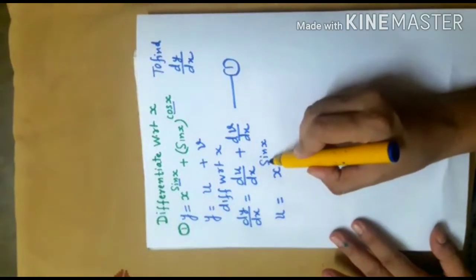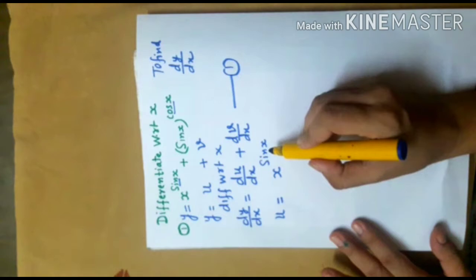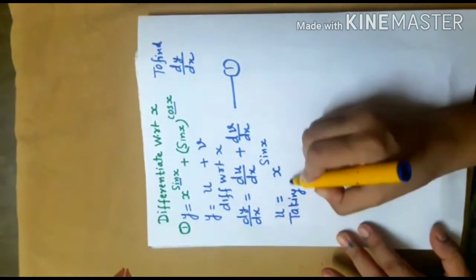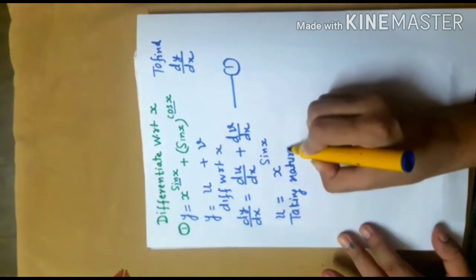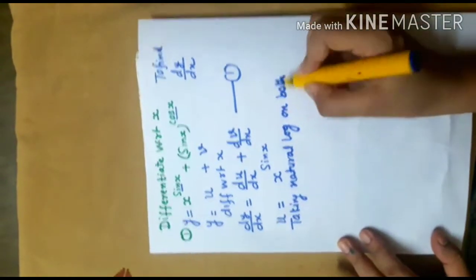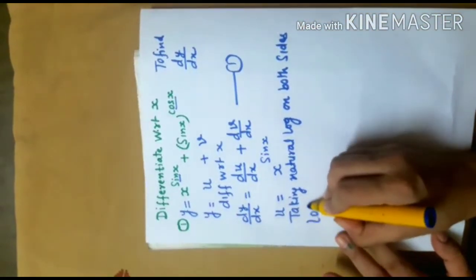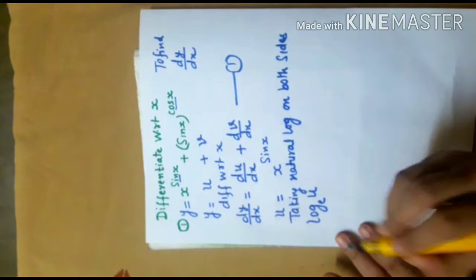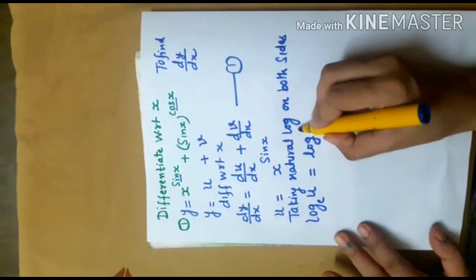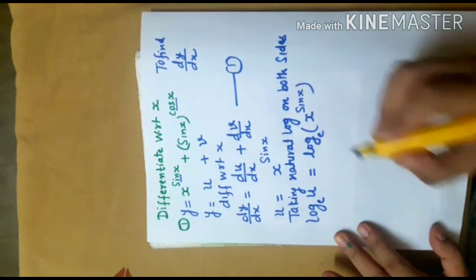Now as the exponent is a function, we will have to use logarithmic differentiation. So taking natural log on both sides, I'll get log u to the base e equals log of x raised to the power sin x to the base e.